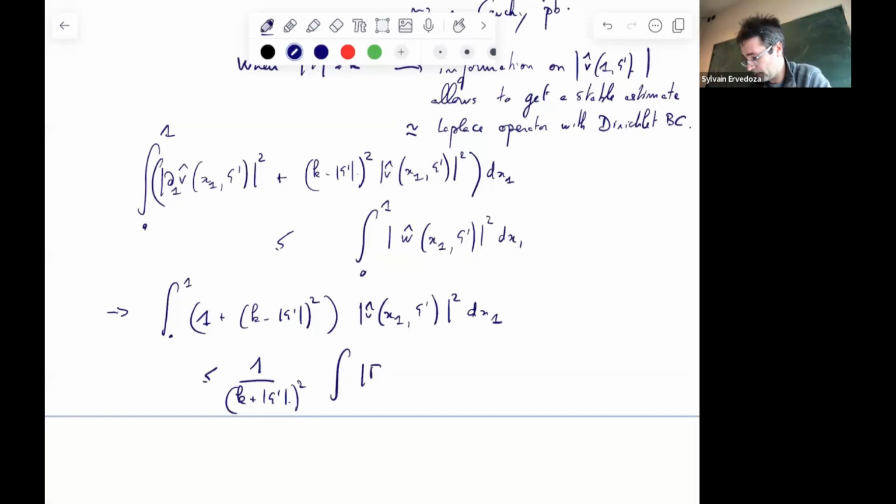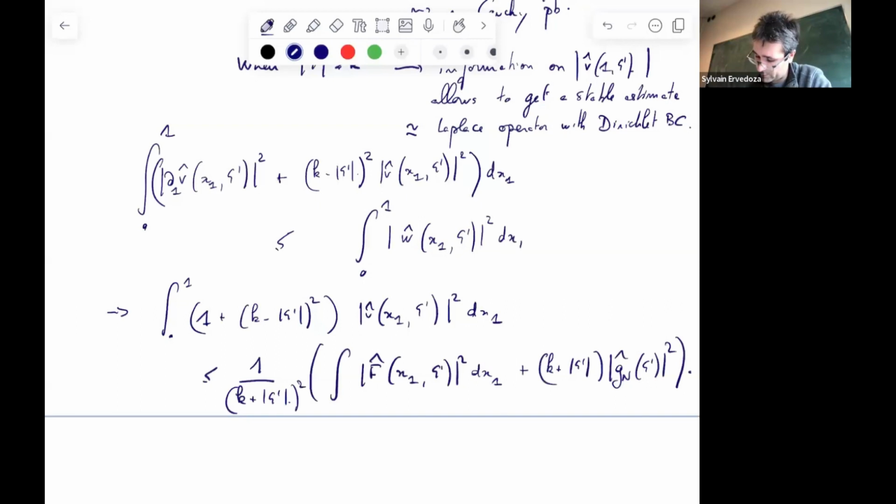So we have ∫ |f̂(x1, ψ′)|² ψ′² dx1 plus (k + ψ′) of |ĝn(ψ′)|².